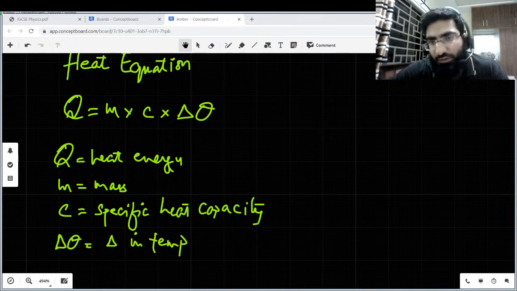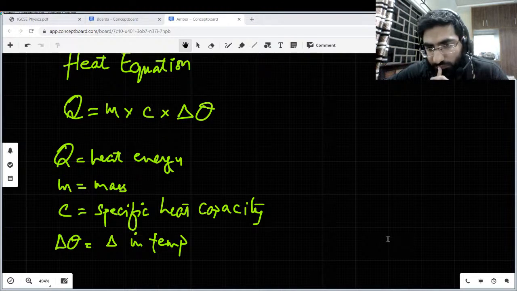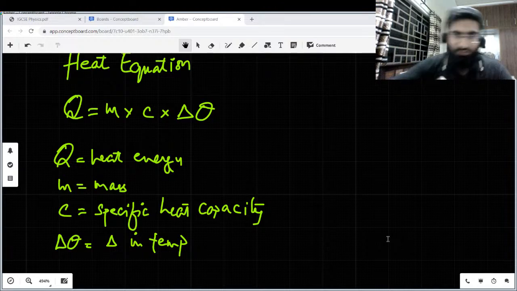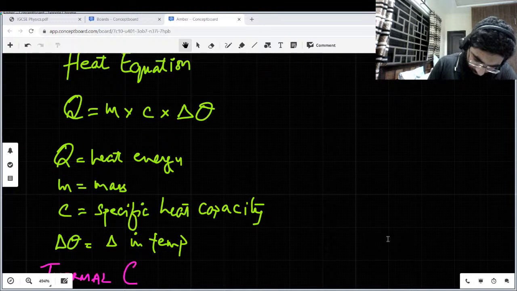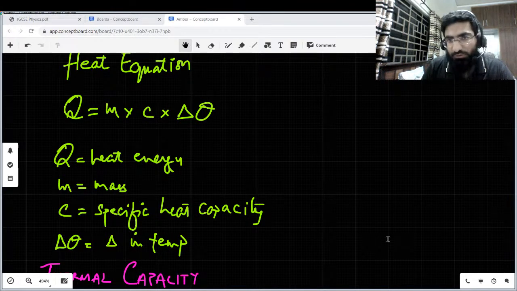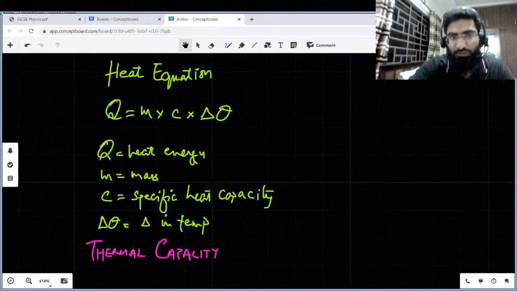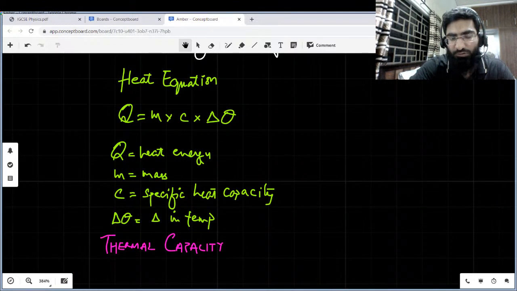Okay, a similar concept is that of thermal capacity. You have written this down, right? Heat equation and all its values.